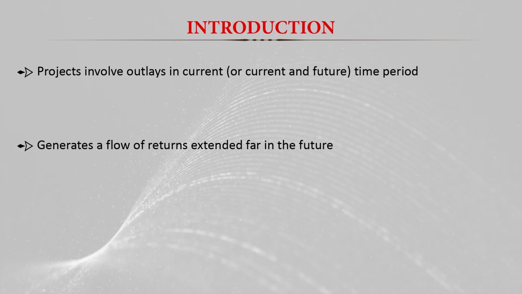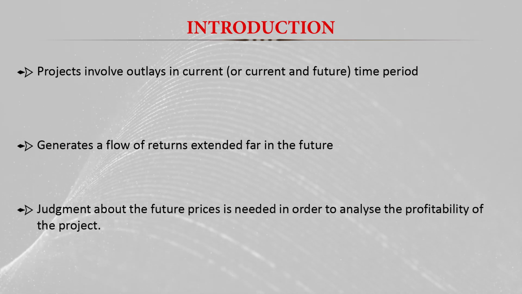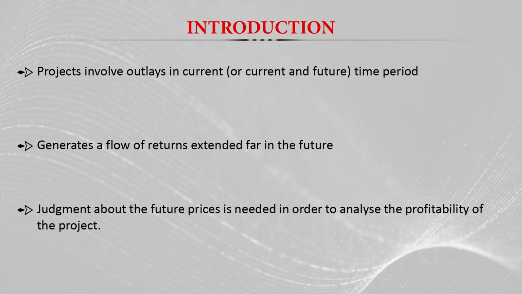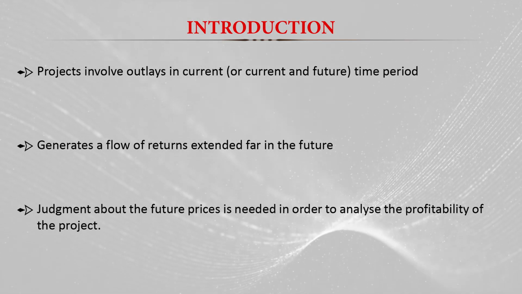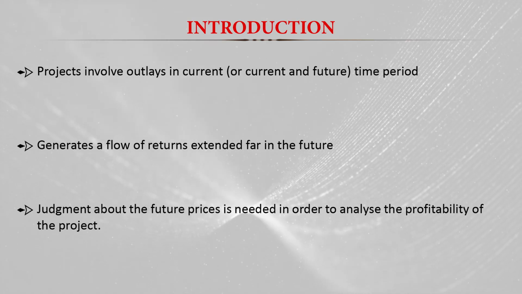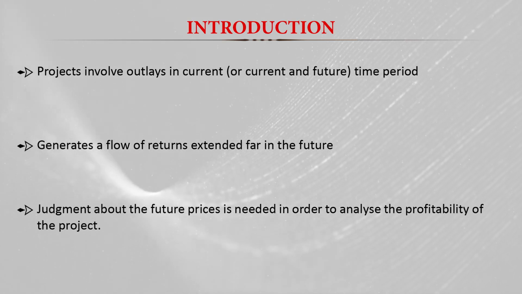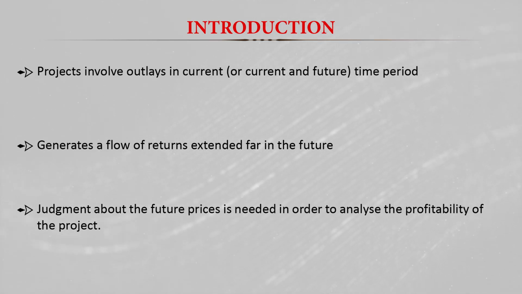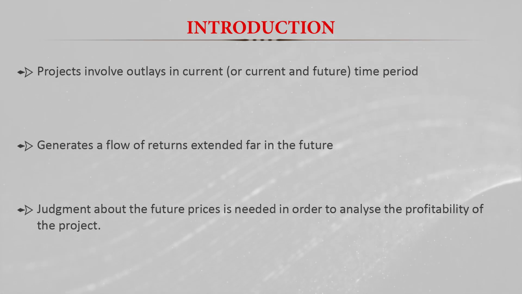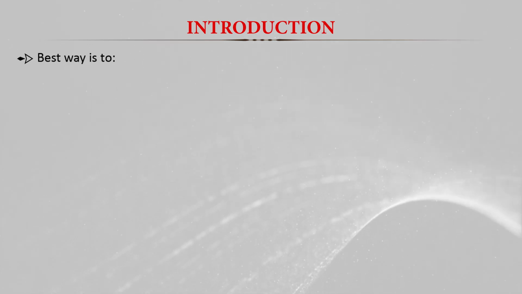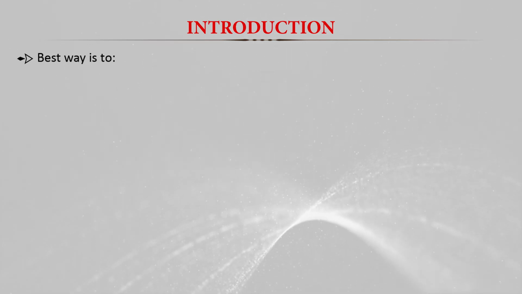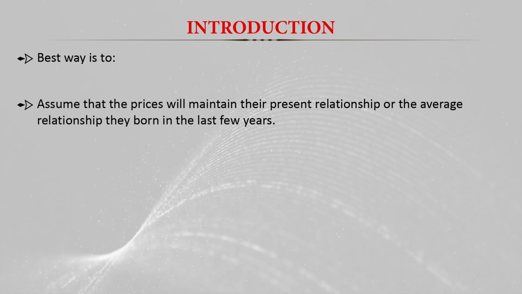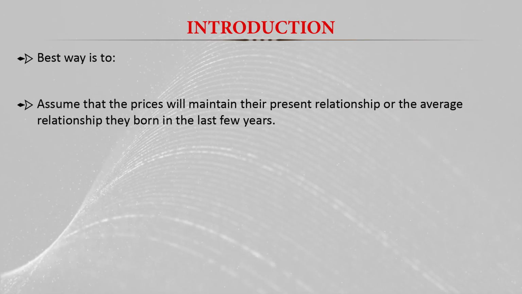So here we will discuss how to judge the future prices, how to value them, and how to account for them for the purpose of analyzing project profitability. The best way to judge the future prices is to assume that the prices will maintain their present relationship.